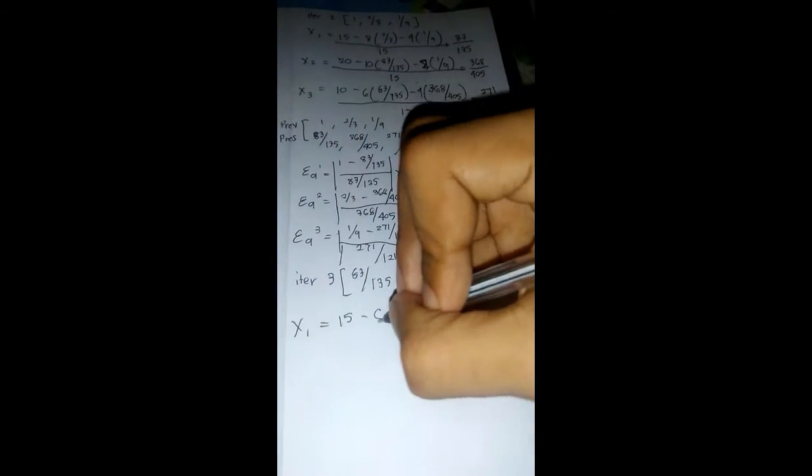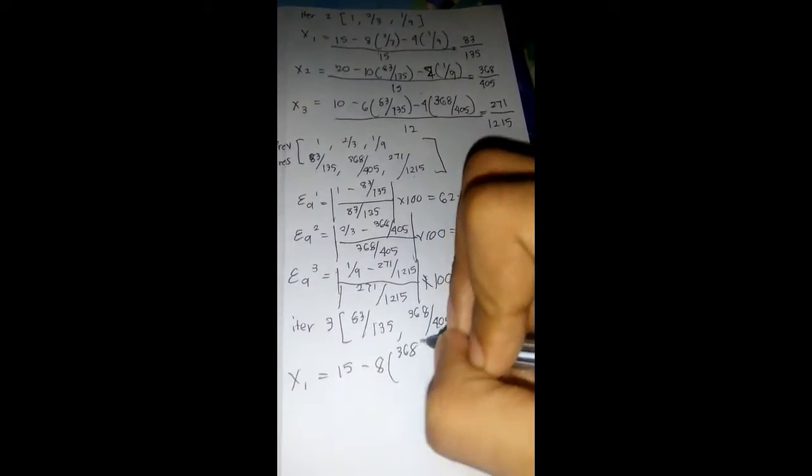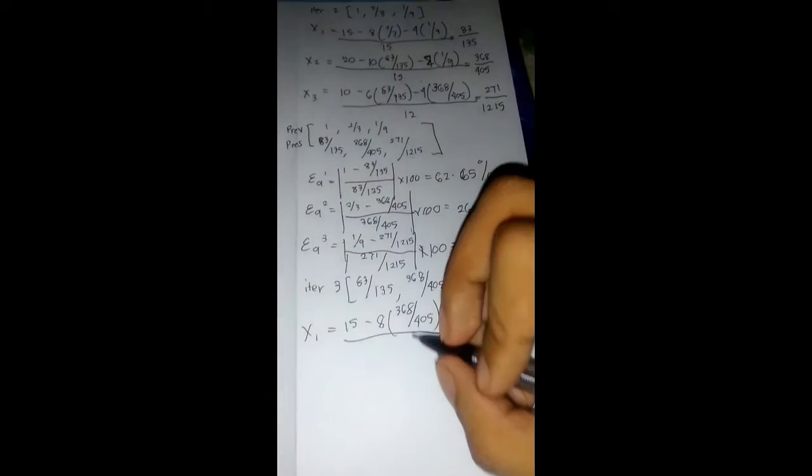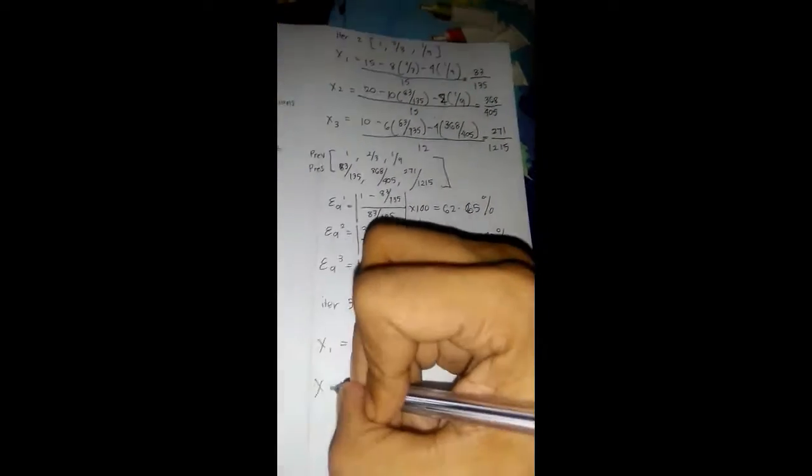By simply substituting again, x1 is 15 minus 8 times 368 over 405 minus 4 times 271 over 1215, all over 15. You have a value 8309 over 18225.